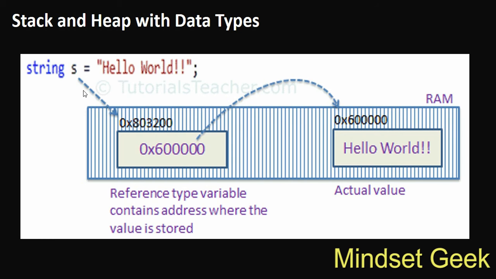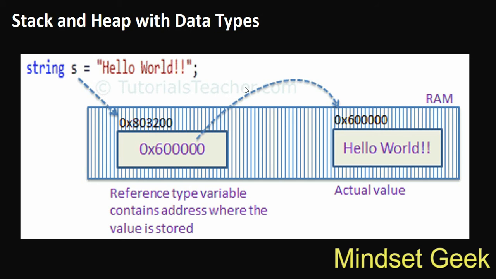In a value type variable, they assign the value directly to this memory address. If this one is an integer, they assign the value to this place. If this one is a boolean or double or char character, that kind of variable, they assign the value to this location.